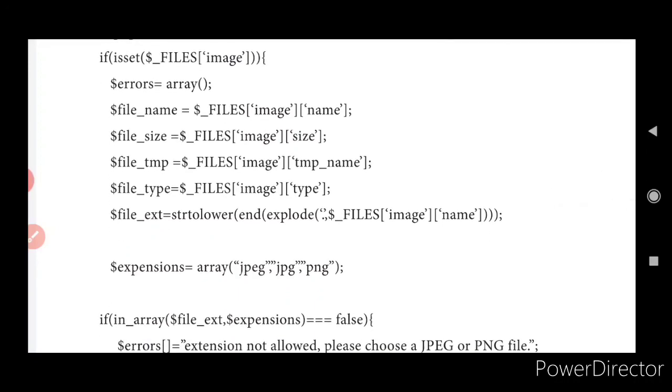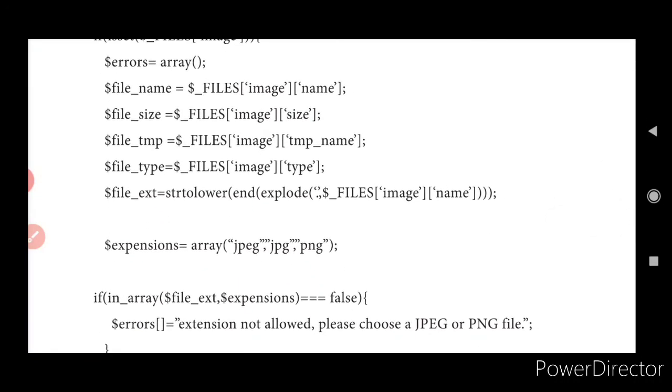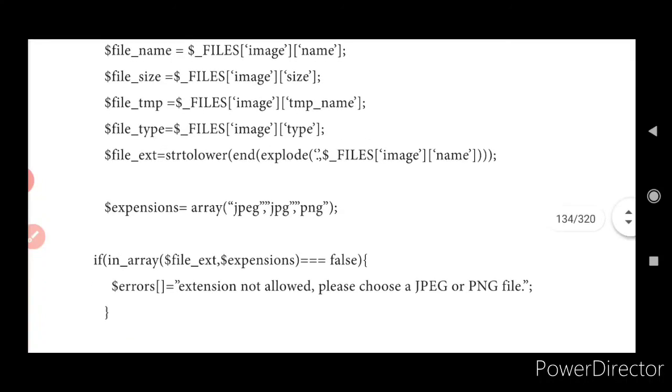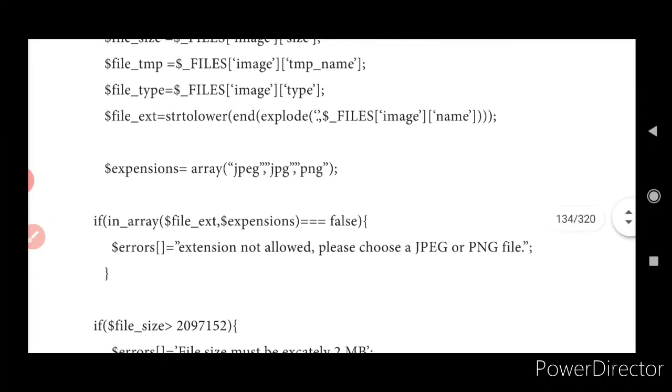The name of the file can be converted from upper to lower case. You can also give extensions such as JPEG and PNG, and we add them to show the extension. In case it is not available, it will show you an error message.